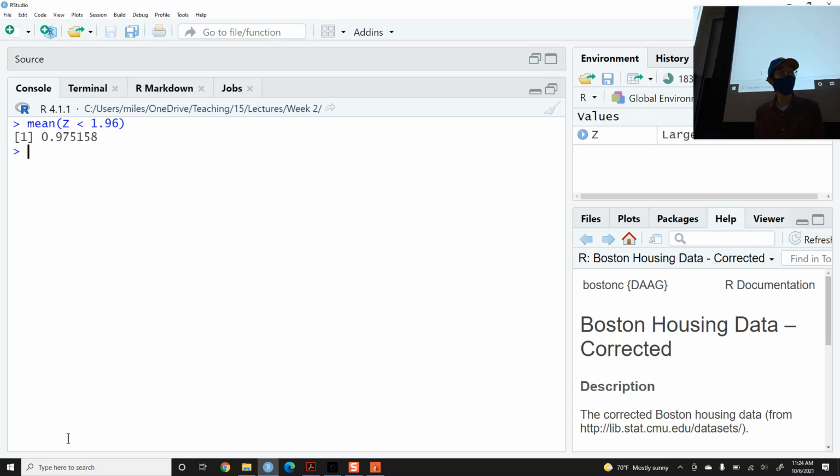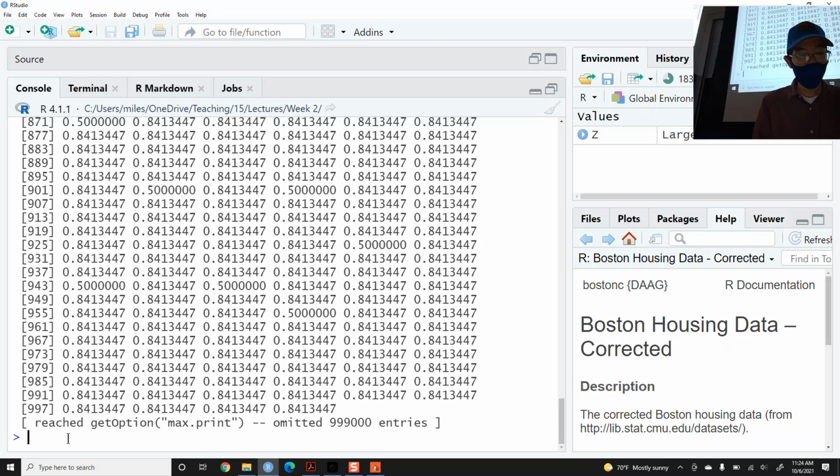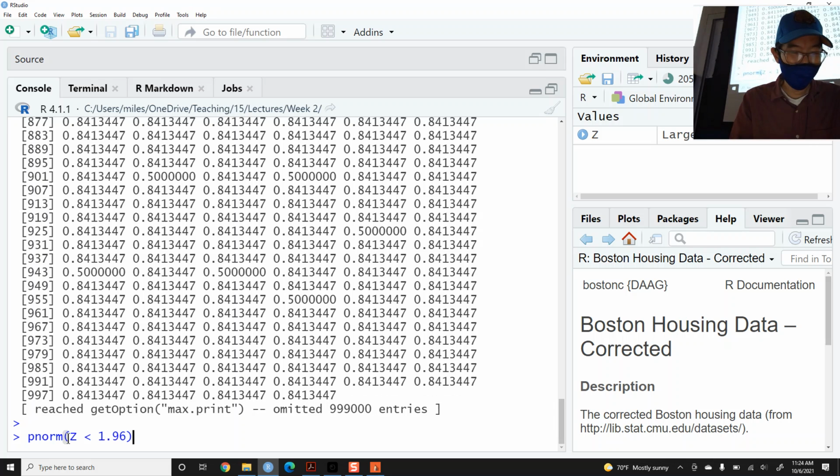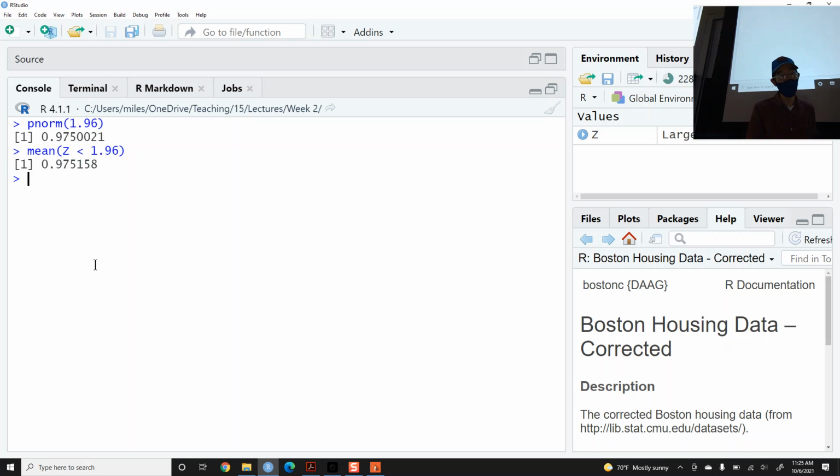We get something around 0.975, and that compares favorably to our true answer. P norm of 1.96 is 0.975, and this is our Monte Carlo estimate. And we're getting something close, right?